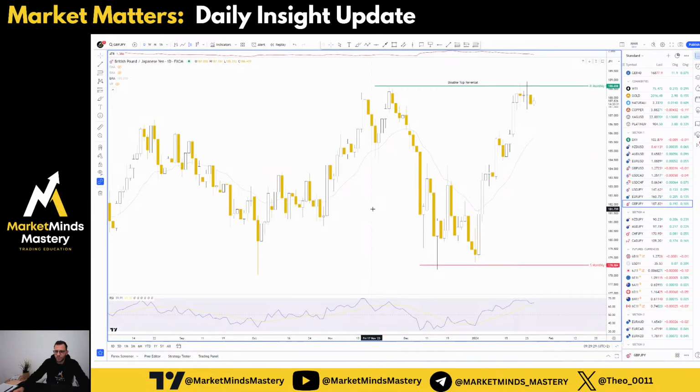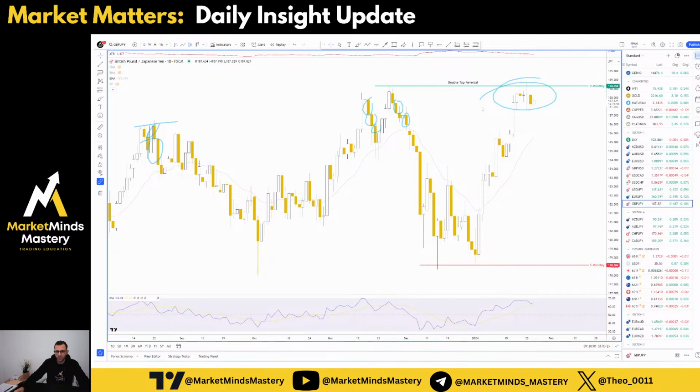Next one, Great British Pound against the Japanese yen. Another market that we were looking to trade short from here. We took some positions short at this resistance. The market didn't really move anywhere. I was expecting the sellers to come strong and push the market lower like they did here, like they did there, like they did here.